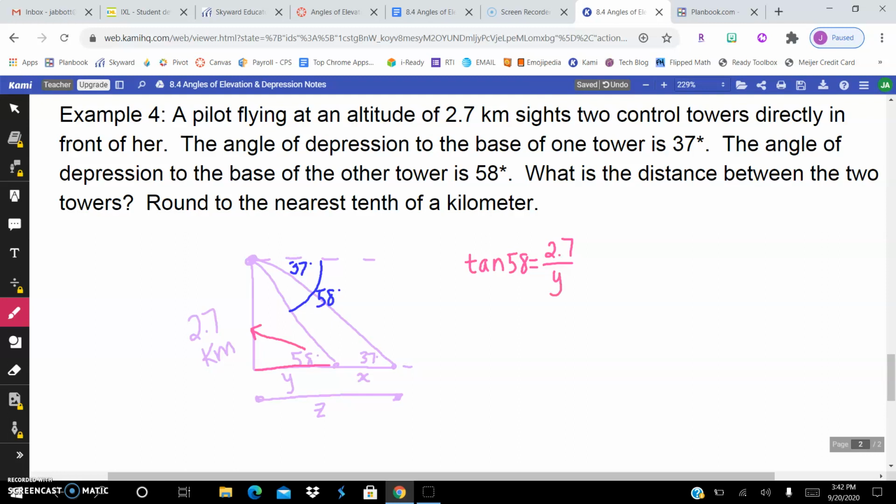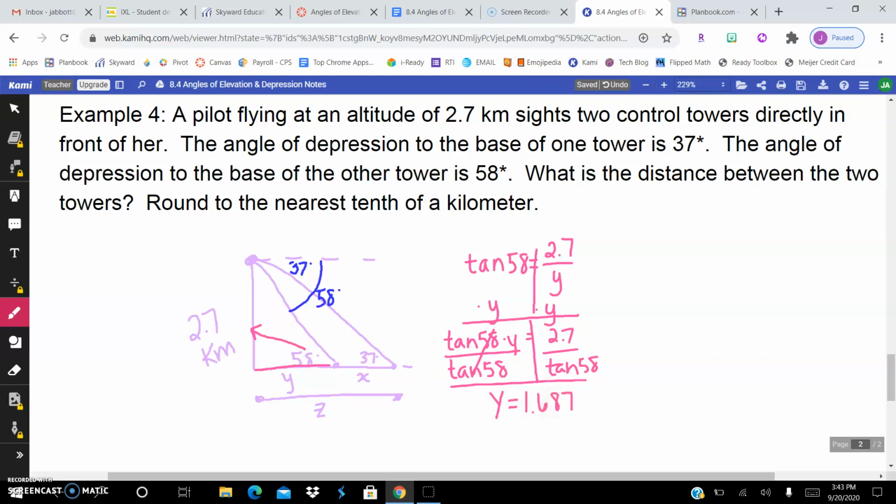We're going to multiply both sides by y, and we'll have 2.7 on this side and the tangent of 58 times y over here. Then we divide by the tangent of 58, so we'll have y left here, and we will have 1.687 here.